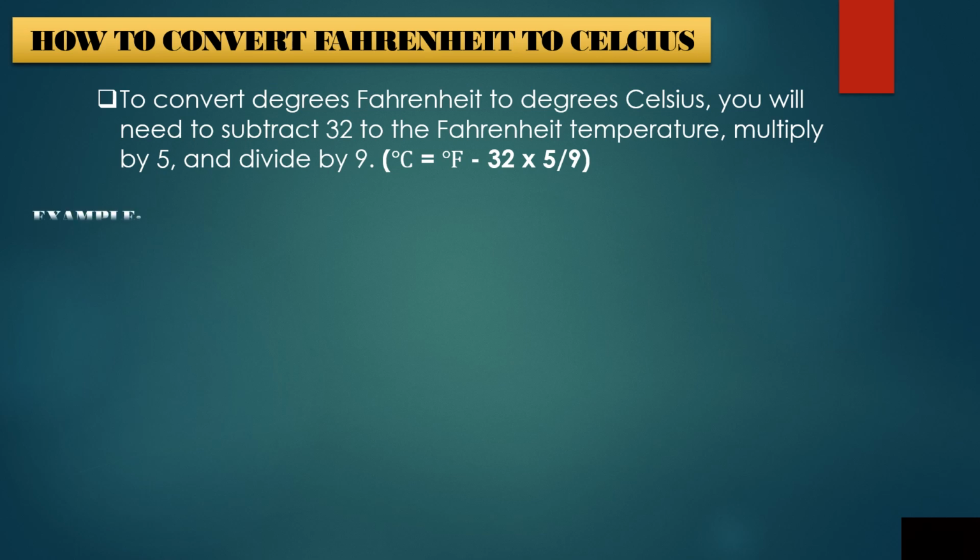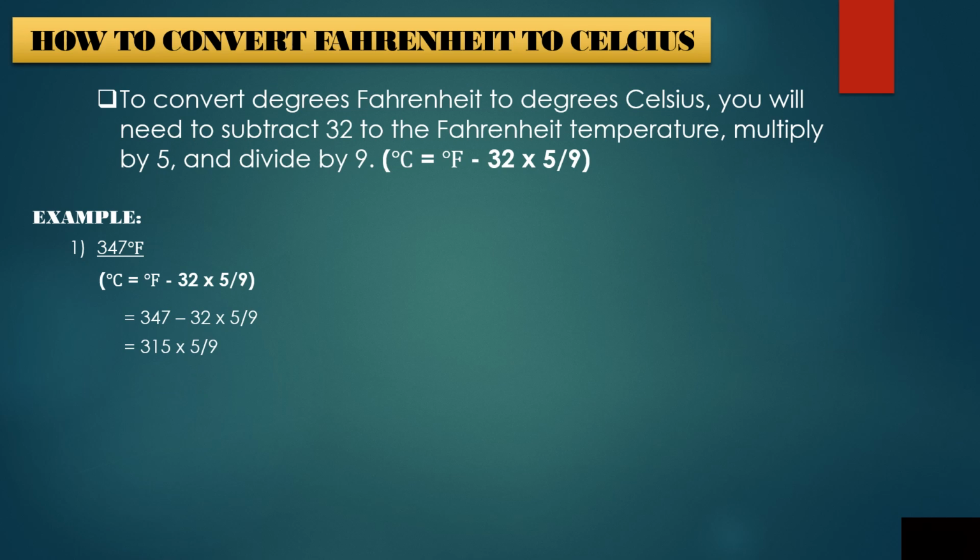So example natin, 347 degrees Fahrenheit. Okay, so ito yung formula natin. Centigrade equals degree Fahrenheit minus 32 times 5 over 9. Yung degree Fahrenheit natin is 347 minus 32 times 5 over 9.